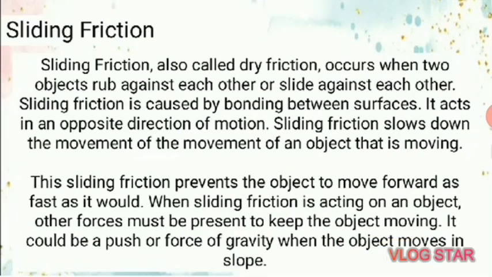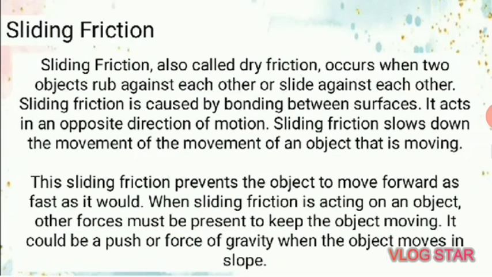Next is sliding friction. Also called dry friction, it occurs when two objects rub against each other or slide against each other. Sliding friction is caused by bonding between two surfaces. It acts in the opposite direction of motion.